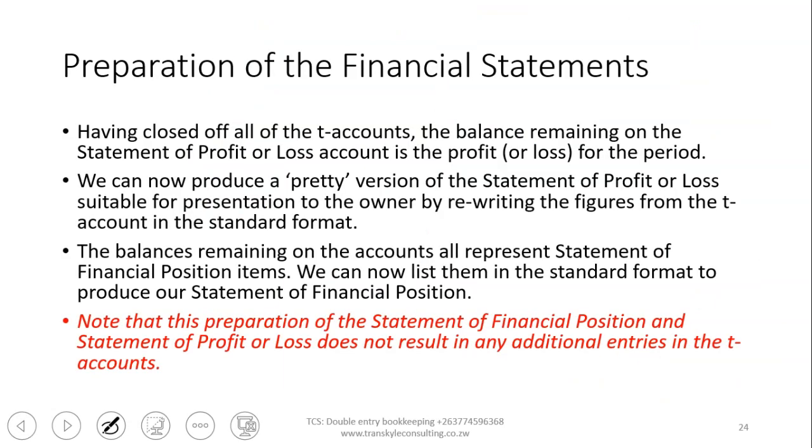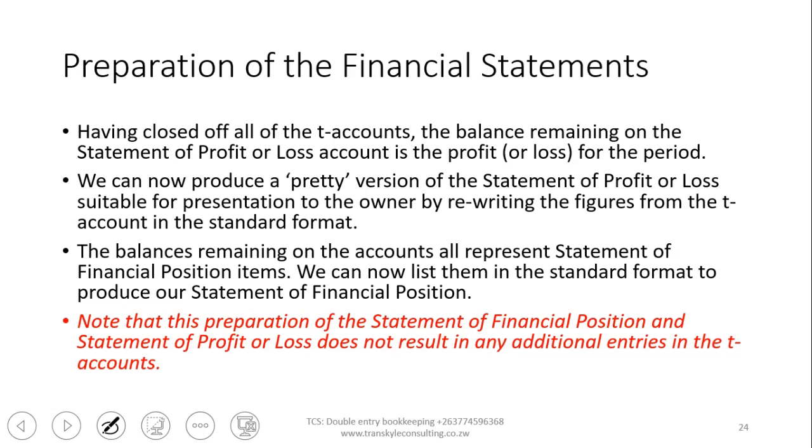Okay, so we have done with closing off accounts, determining the balance remaining on the statement of profit or loss account, that is the profit or loss for the period. Now we can produce a printed version of the statement of profit or loss suitable for presentation to the owner by rewriting the figures from the T account in the standard format. The balances remaining on the accounts represent statement of financial position items.